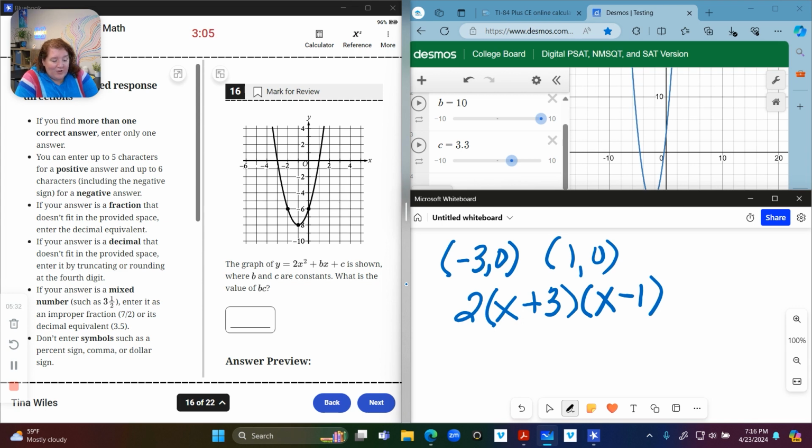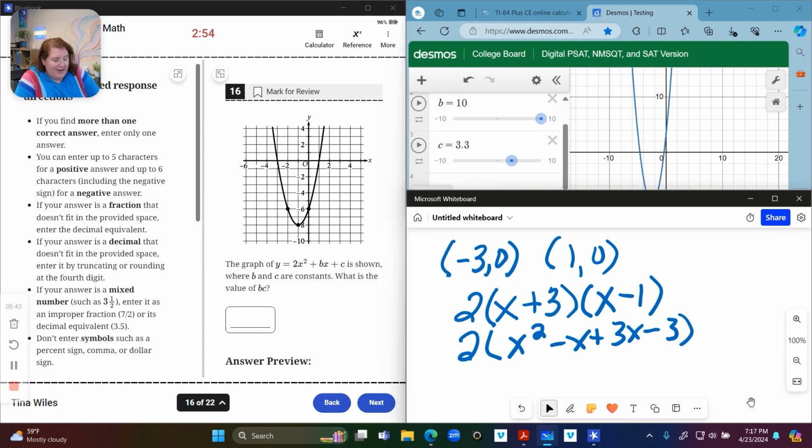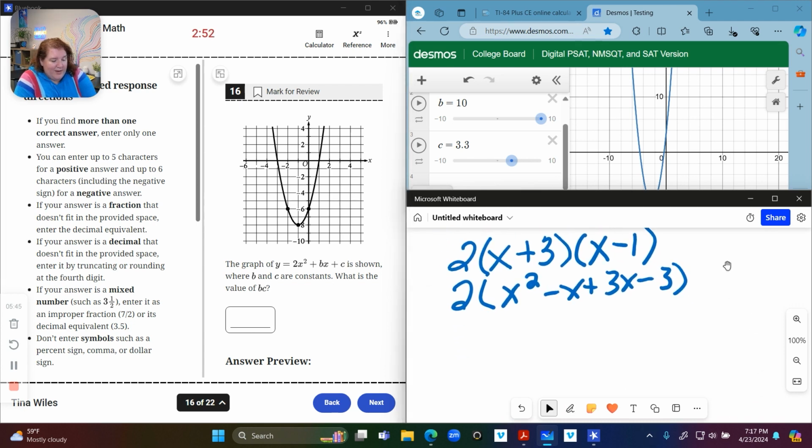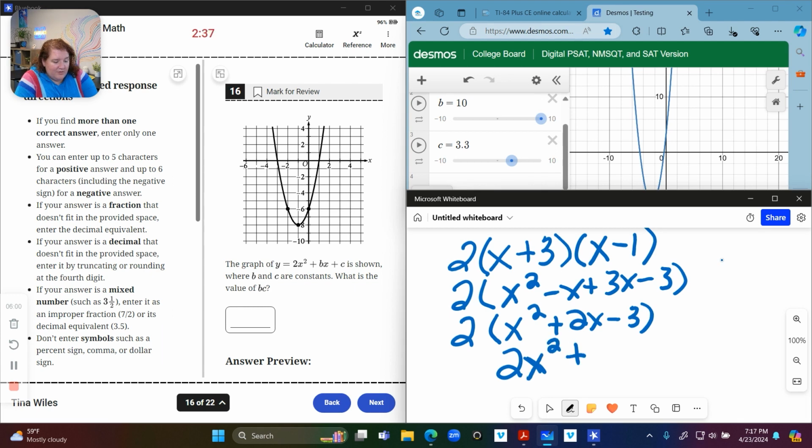And then I'm going to FOIL this out. So I would get x squared first, outer, inner, last. And then I'm going to combine like terms. X squared plus 2x minus 3. And then I'm going to distribute the 2: 2x squared plus 4x minus 6.